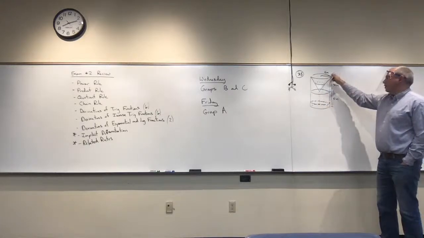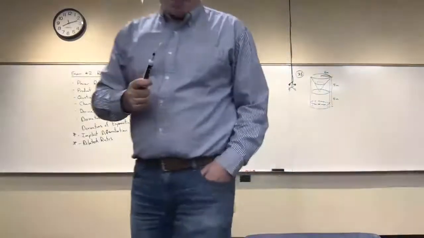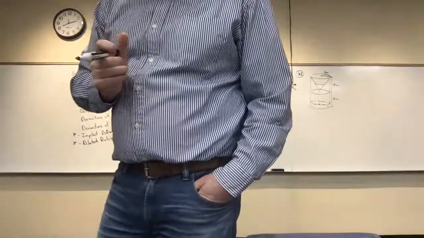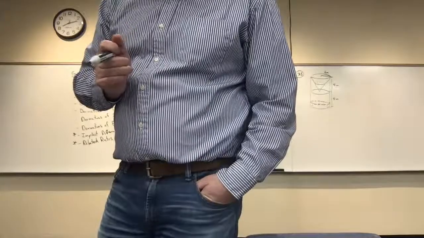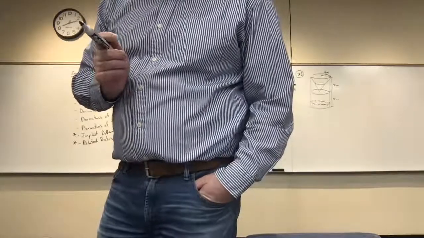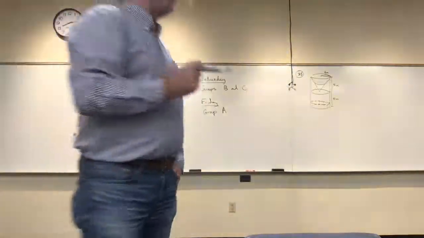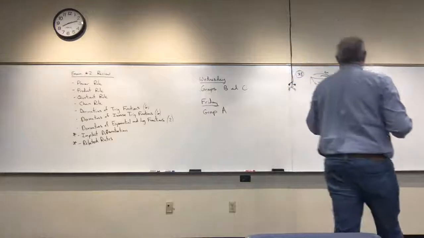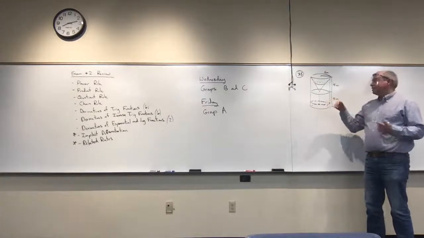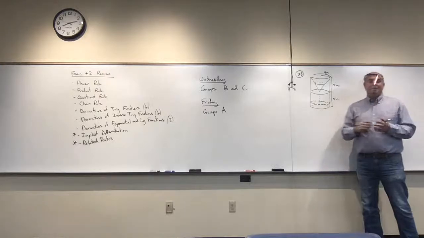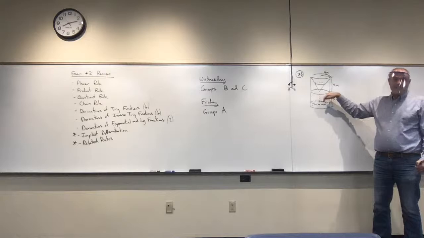We know water's draining, and if the water level in the conical tank drops at a rate of 0.5 meters per minute, then we should be able to find the amount of water draining out of the tank, or dV/dt.